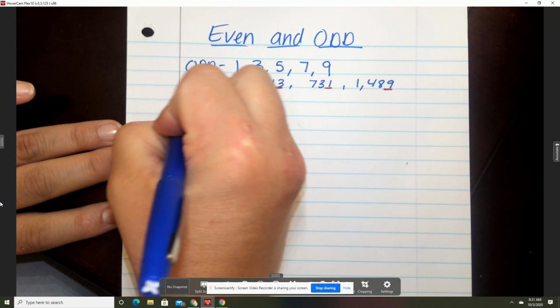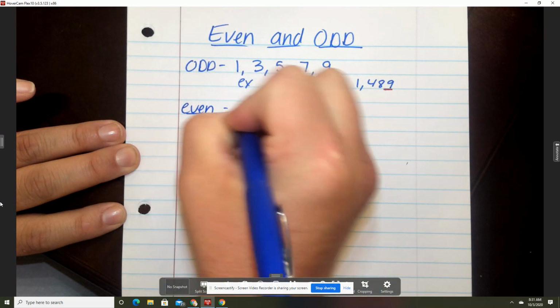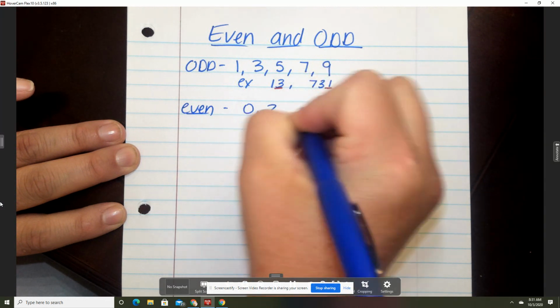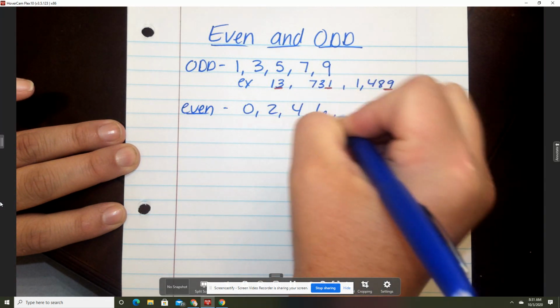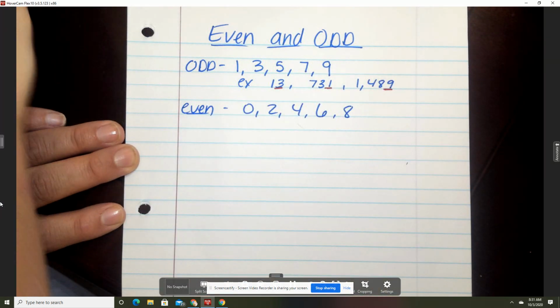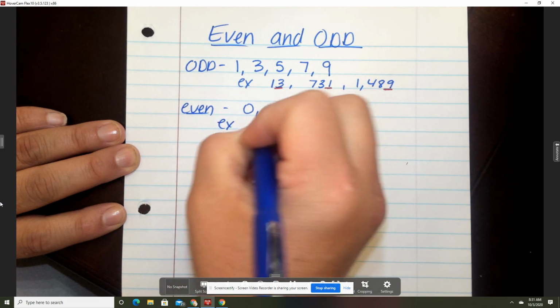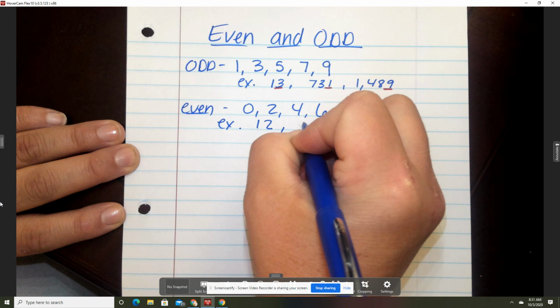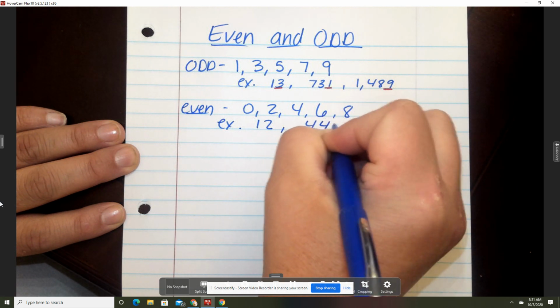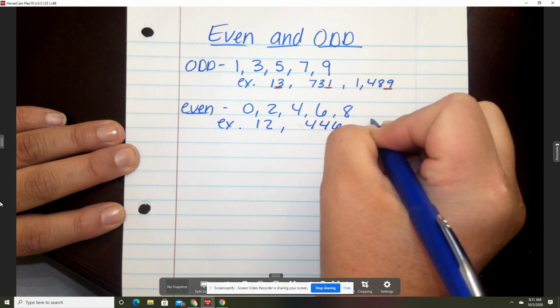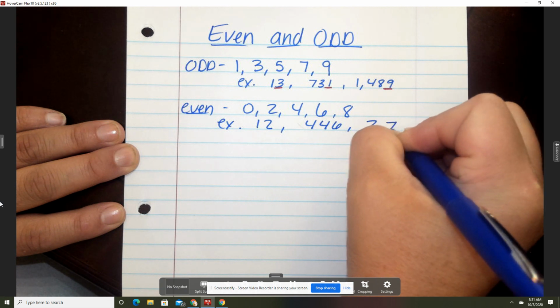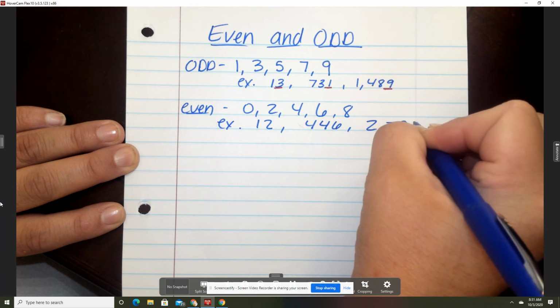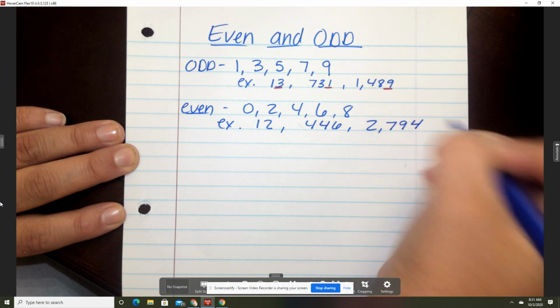And then even is the same way. Even is 0, 2, 4, 6, 8. So examples for even would be 12, 446, 2,794.